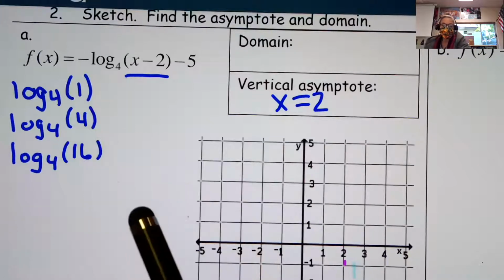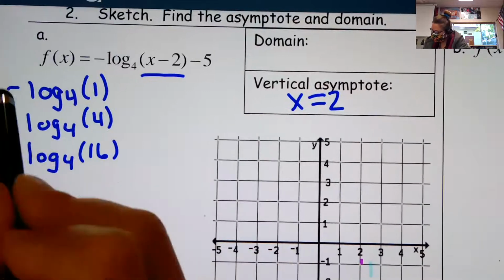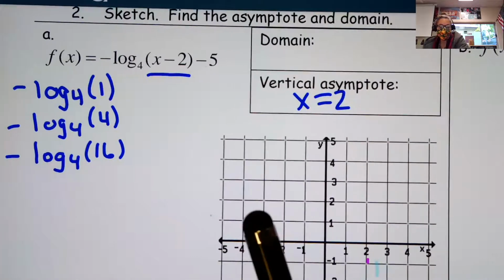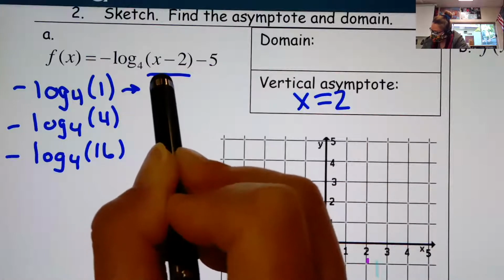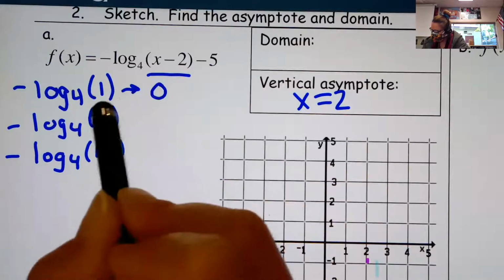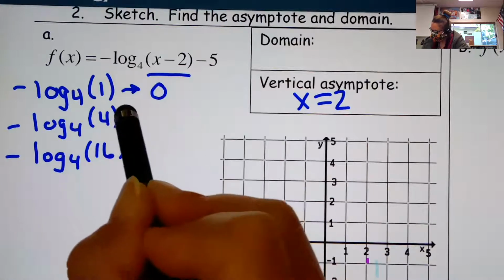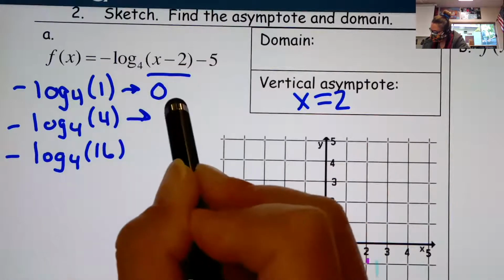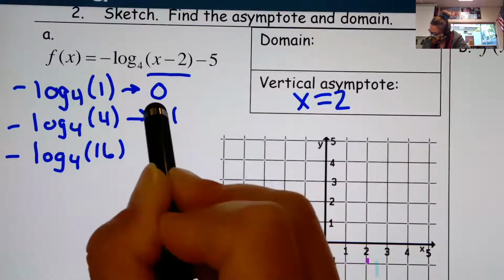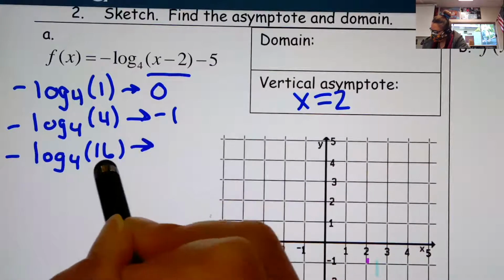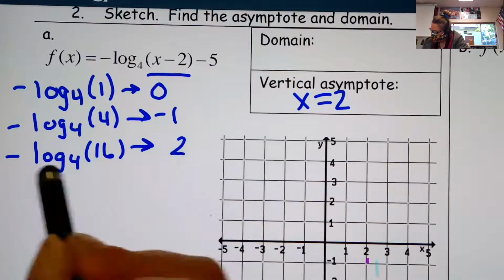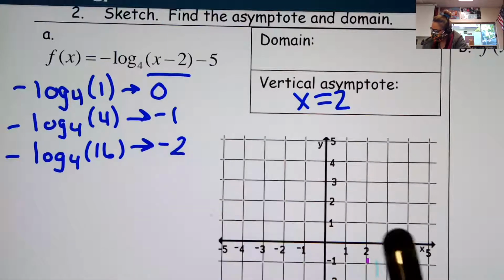Now I have a negative in front, and so that negative is going to make it opposite afterwards, okay? So this is going to be 0, times a negative is still 0. Log base 4 of 4 is 1, and then I make it opposite because of the negative in front. Log base 4 of 16 is 2, and again, because of that negative, I make it opposite.